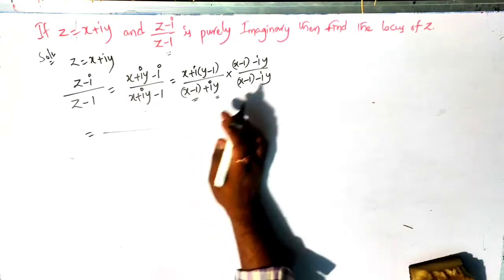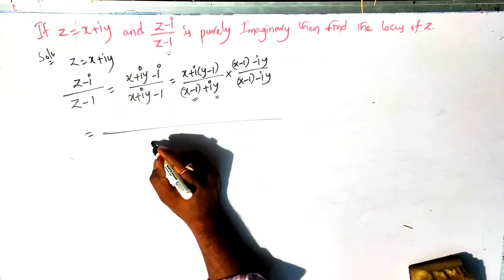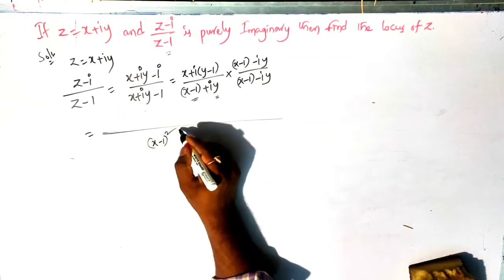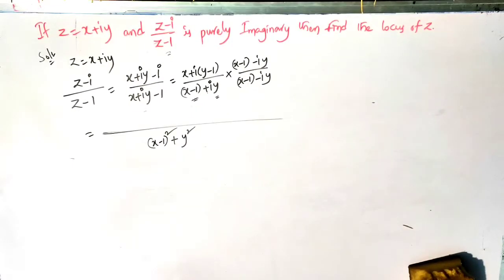Now multiply. Multiplying the denominator, we get x minus 1 whole square plus y square, since a plus ib into a minus ib equals a square plus b square.